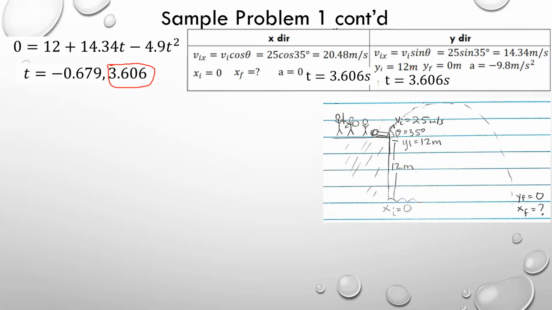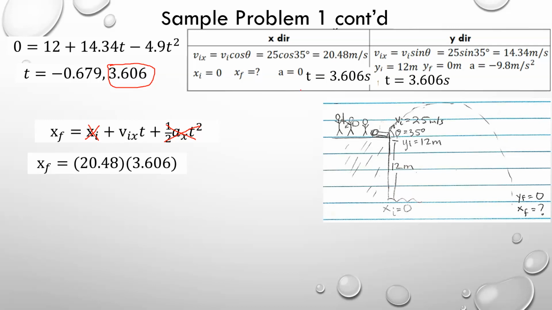So if we apply this time to the second kinematic equation in the x direction, we can figure out how far it's gone. Remember, this term in the second kinematic equation in the x direction will disappear because it's 0. This term will also disappear because the acceleration is 0 in the x direction.